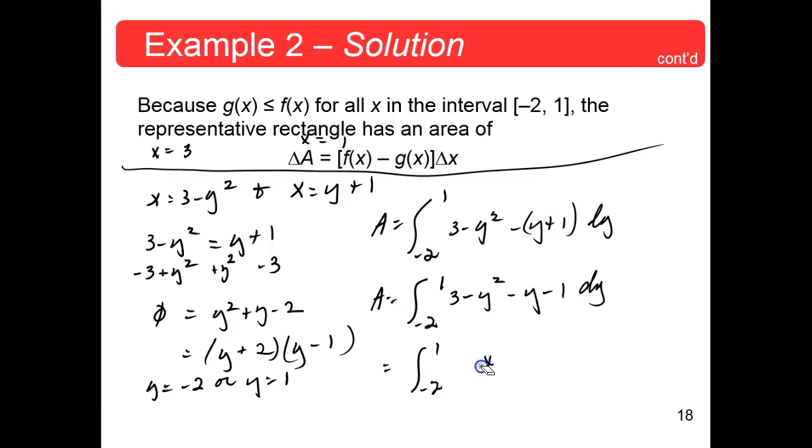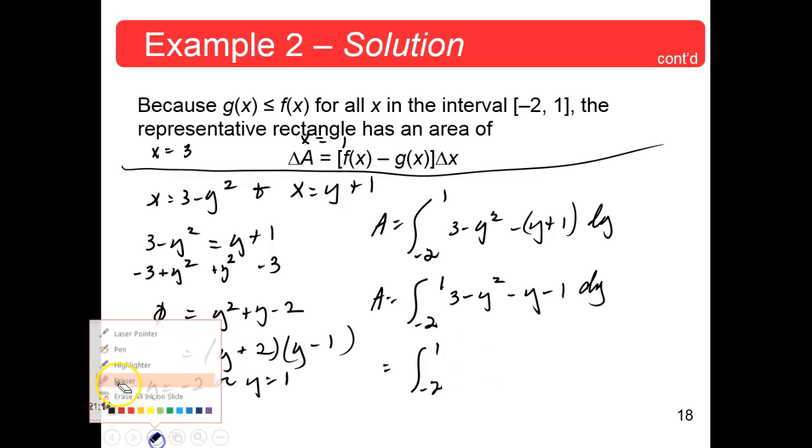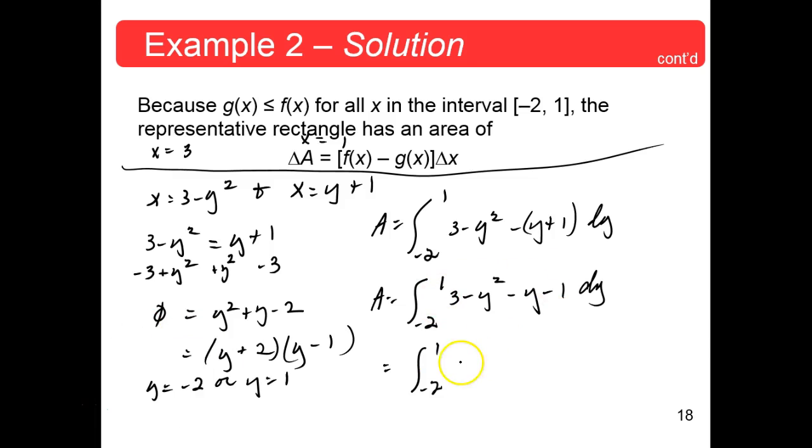When you subtract those, what do you get? 2 minus y squared minus y dy. Okay?